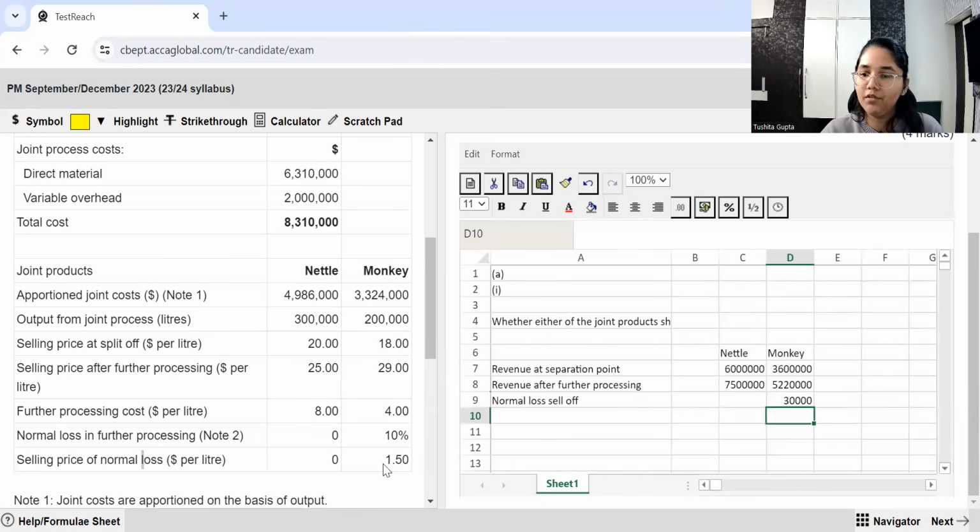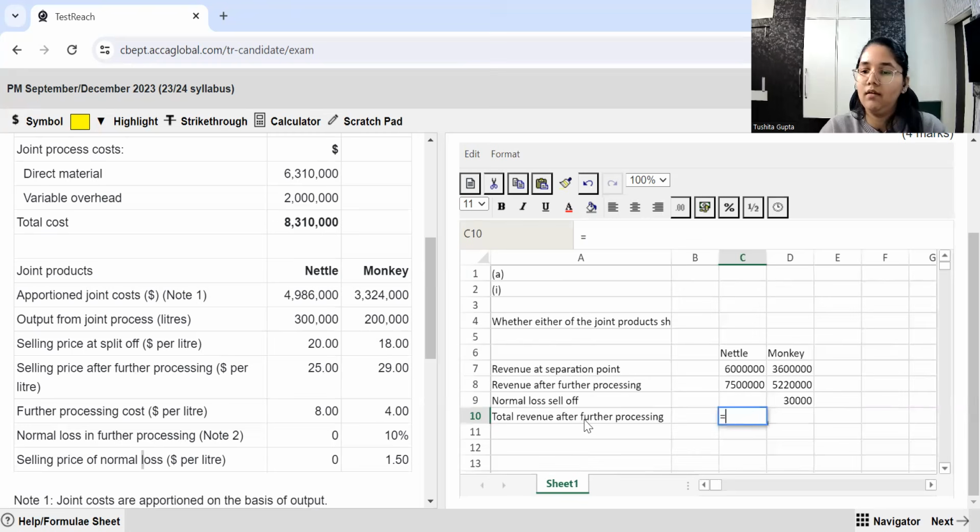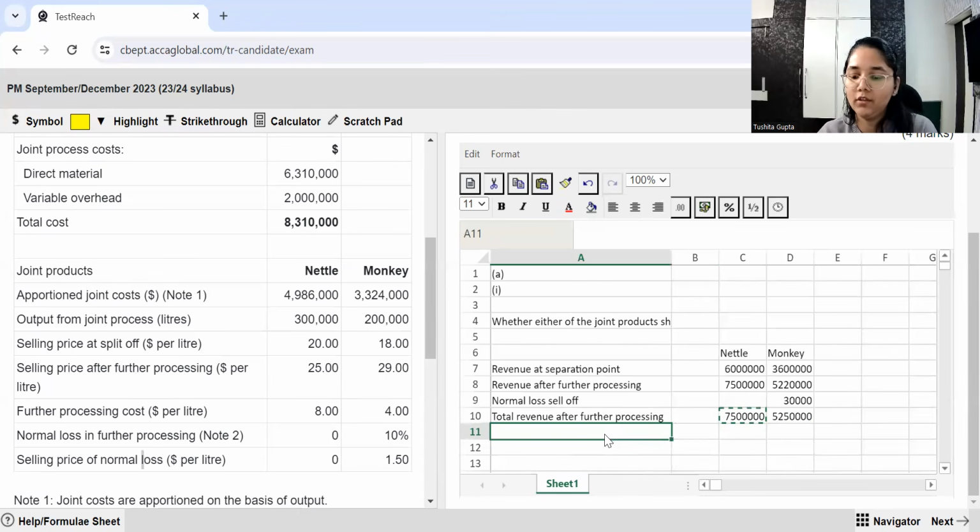So this is the revenue that I generate in total. So my total revenue after further processing is basically this value plus the normal loss which I am selling. So this I will copy paste to this cell also. This is my total revenue that I will generate if I further process these two products.